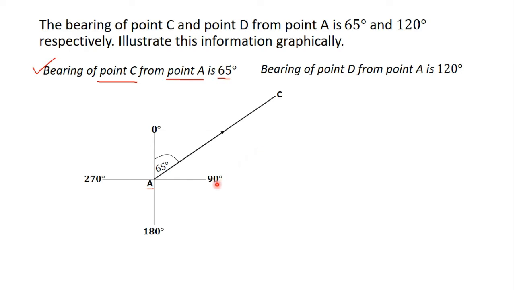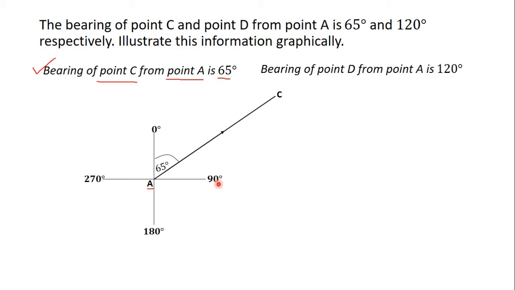120 degrees will fall between 90 degrees and 180 degrees, which means that the new line or our new bearing will be in this area or in this quadrant between 90 degrees and 180 degrees. So you ask yourself, what should we add to 90 degrees to get 120 degrees?